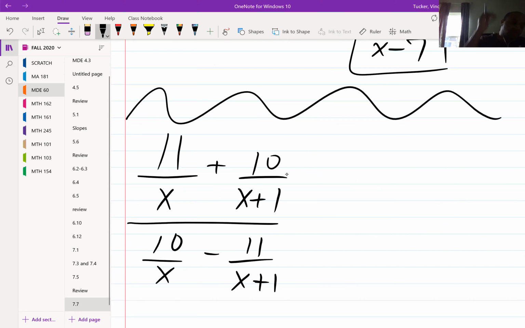So 11 over x plus 10 over x plus 1, over 10 over x minus 11 over x plus 1. I'm guessing the LCD is going to be x plus 1.